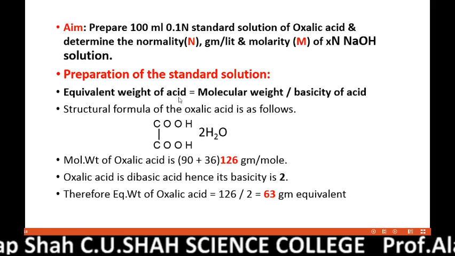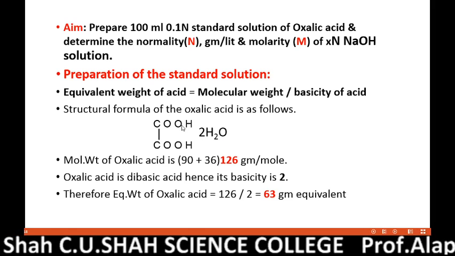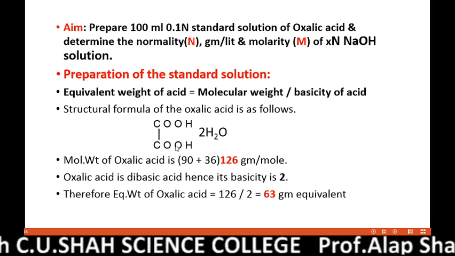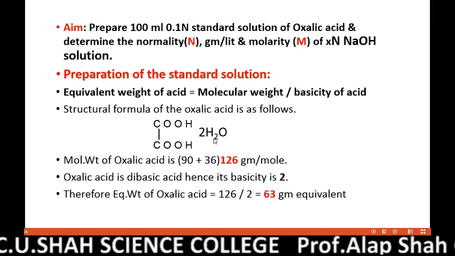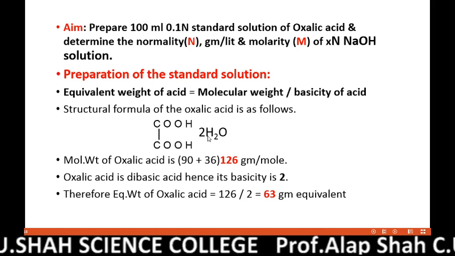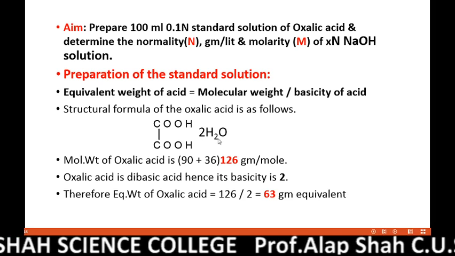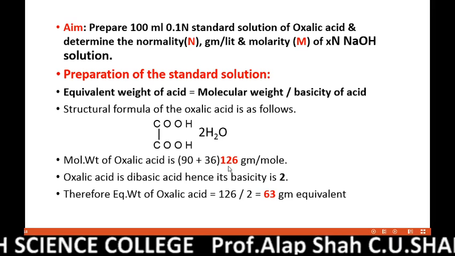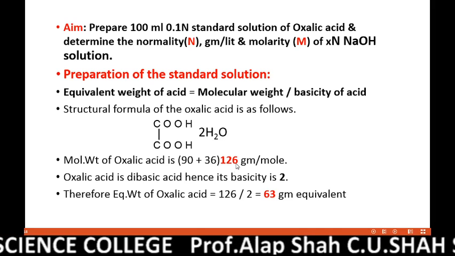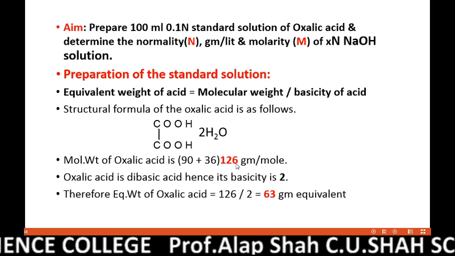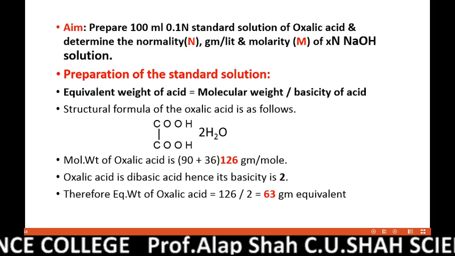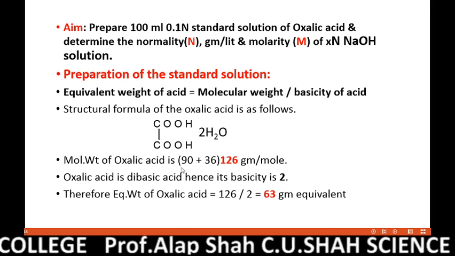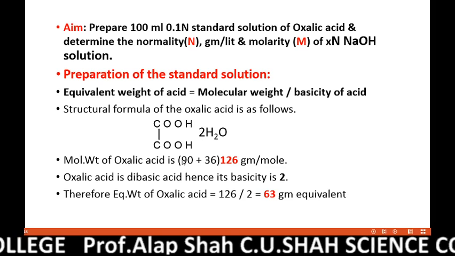The formula weight of one COOH is 45, so 45 plus 45 is 90, plus each water molecule has molecular weight 18. There are 2 moles, so 36. So the molecular weight of hydrated oxalic acid is 126 gram per mole. If it is non-hydrated, its molecular weight will be only 90.